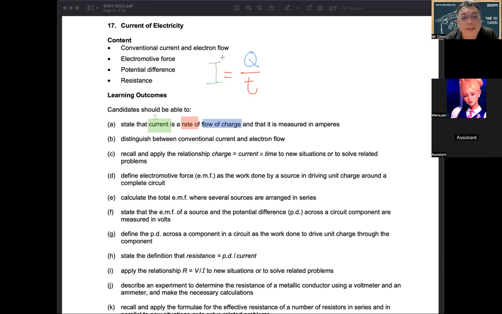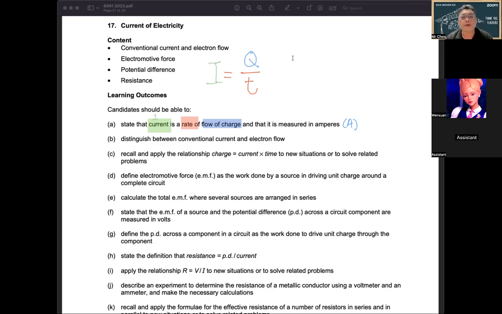That is the measurement of ampere. The unit is ampere, named after another scientist, and the short form is capital A. This definition I want you to remember because you see it very often.